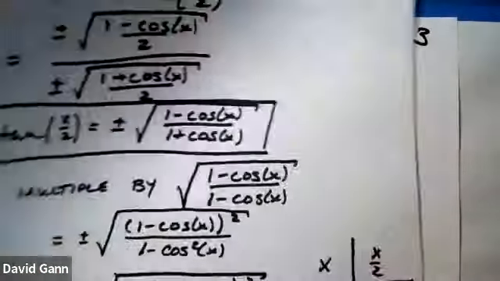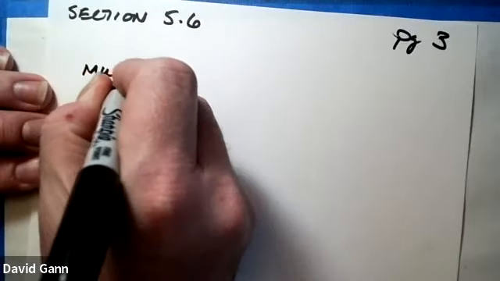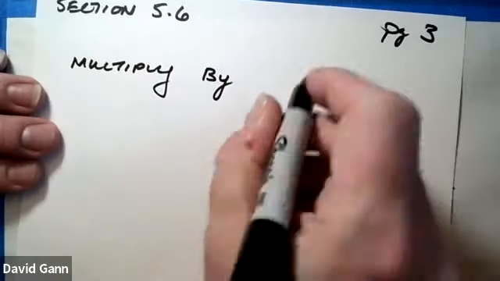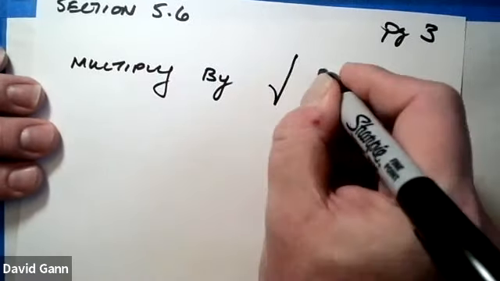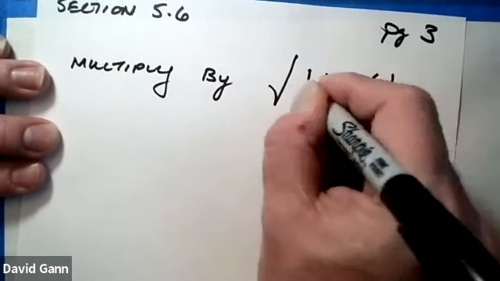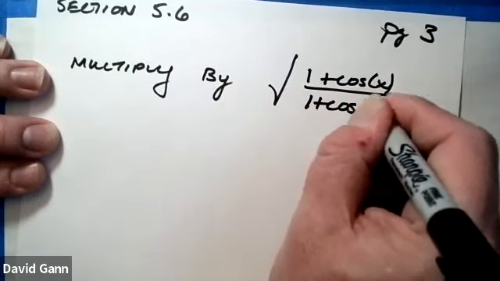So we're going to start back over, and instead we're going to multiply by the term square root of 1 plus cosine of x over 1 plus cosine of x.